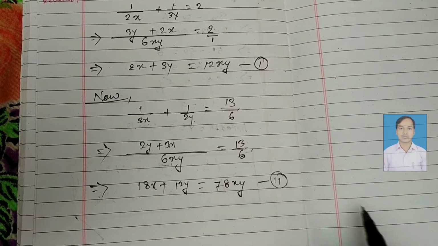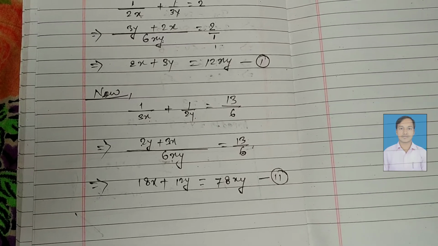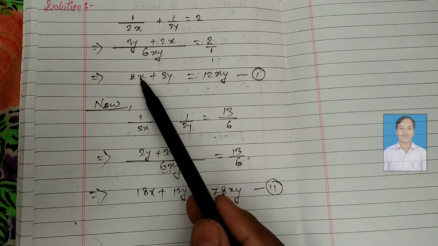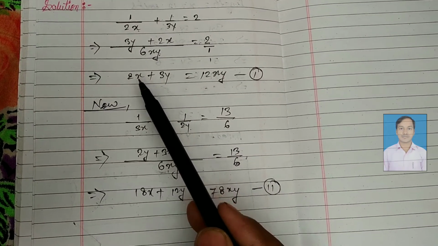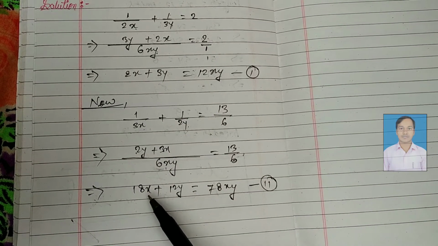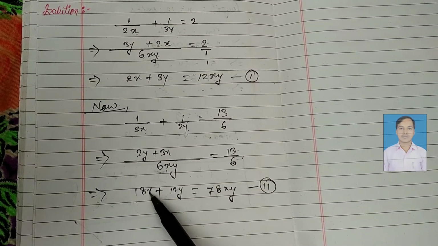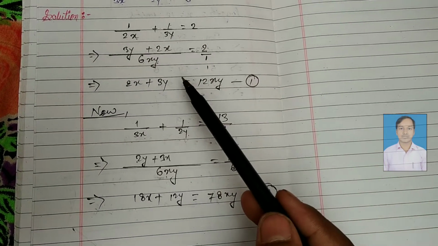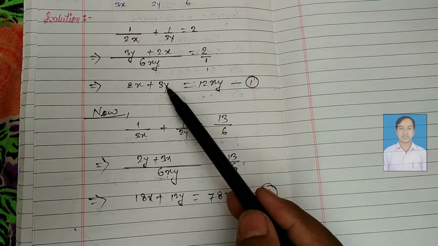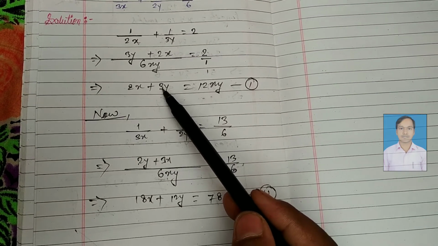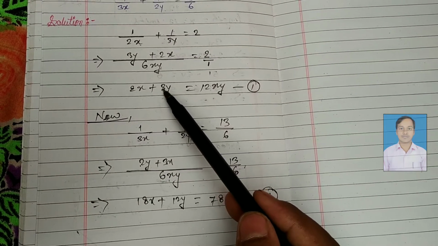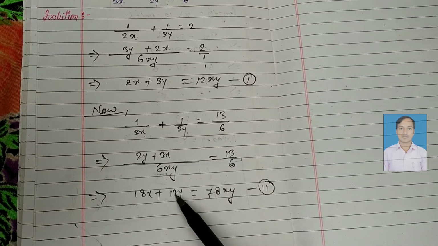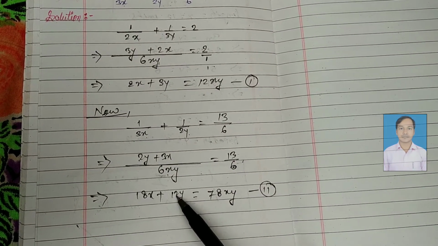This is your second equation. Now think, is the coefficient of x really the same? No. Also think about the coefficient of y: in the first equation you have 3y, here your coefficient is 3 and here it is 12. So what will you do here?